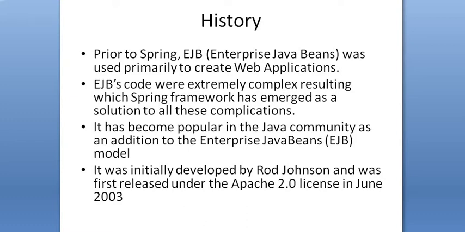That is why an alternative evolved as Spring Framework. Spring Framework emerged as a solution to all the complications of EJBs. It became popular in the Java community as an addition to the Enterprise Java Beans models.